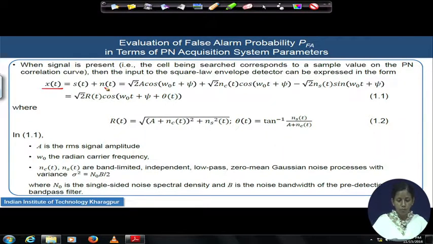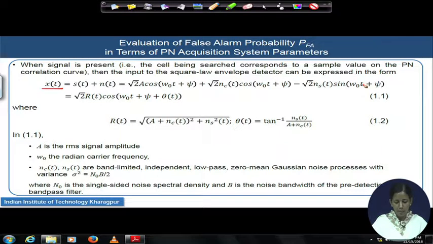Omega naught is the carrier frequency of transmission in radians. A is the RMS signal amplitude, and psi is the phase ambiguity related to the transmitted signal.